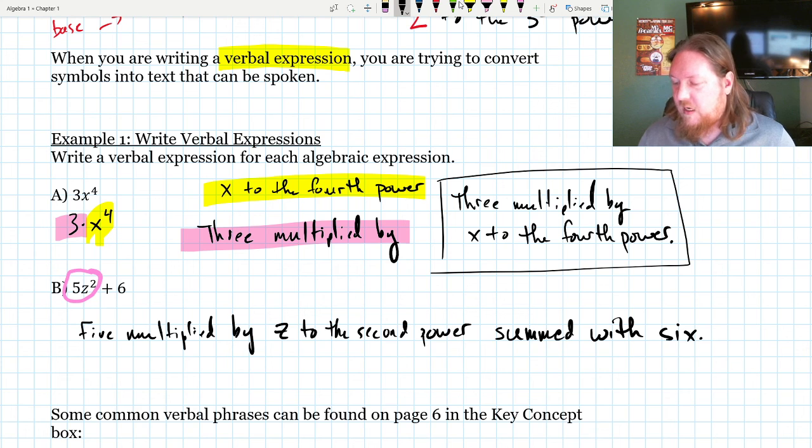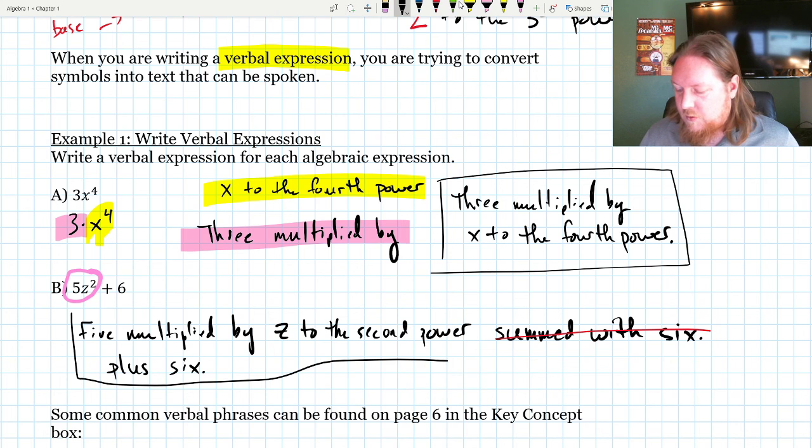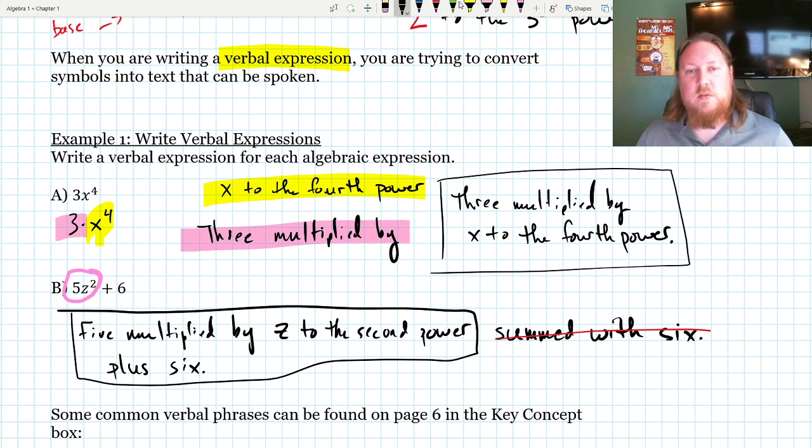But if that was too fancy for you, you could just say 5 multiplied by z to the 2nd power plus 6. And you would be just fine with that result as well.